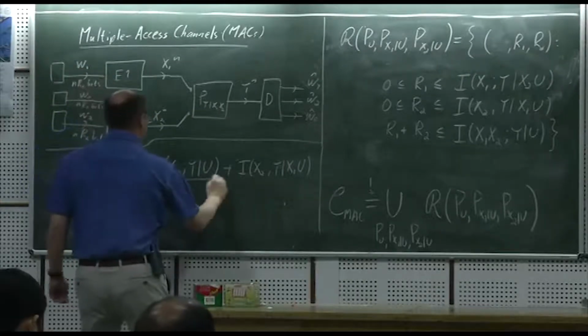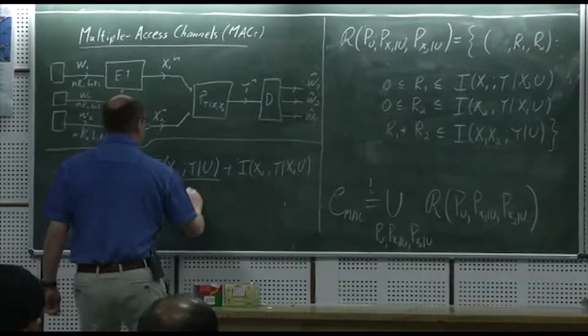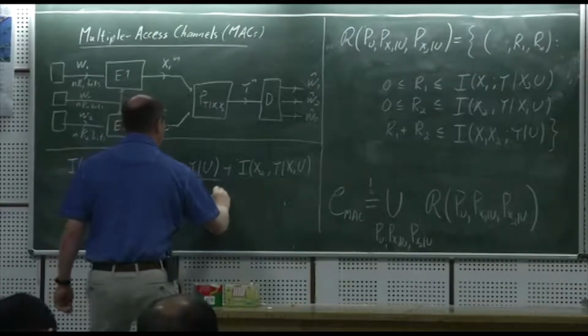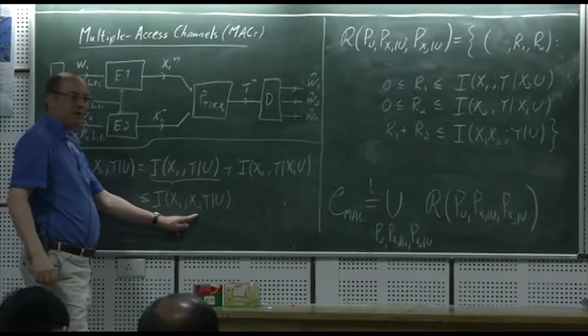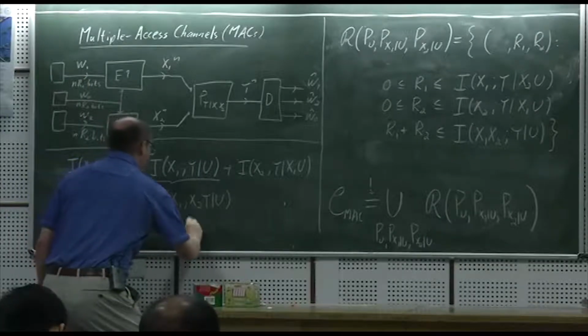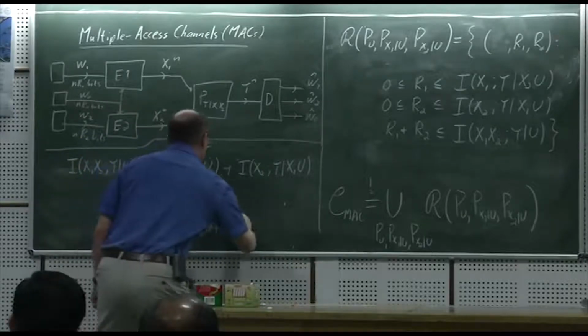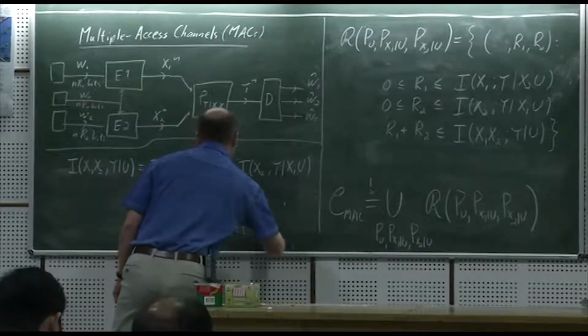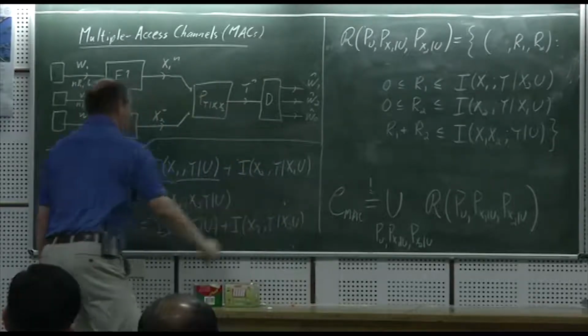Here I can say this thing is less than I(X1;Y). We've already seen this expression before, right? This is true by putting in X2. Now I just use the chain rule and I get I(X1;X2|U), which is 0, plus I(X1;Y|X2,U). So there you see, indeed, this is 0.